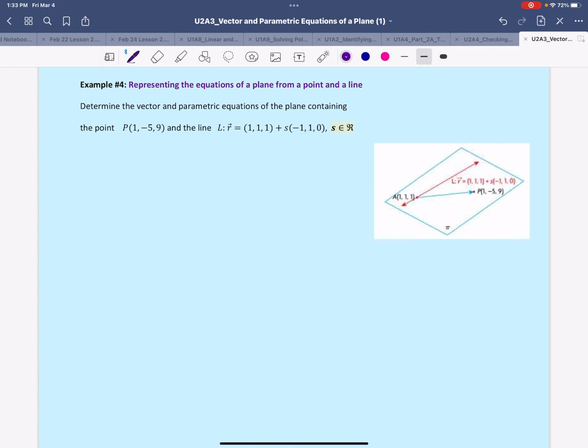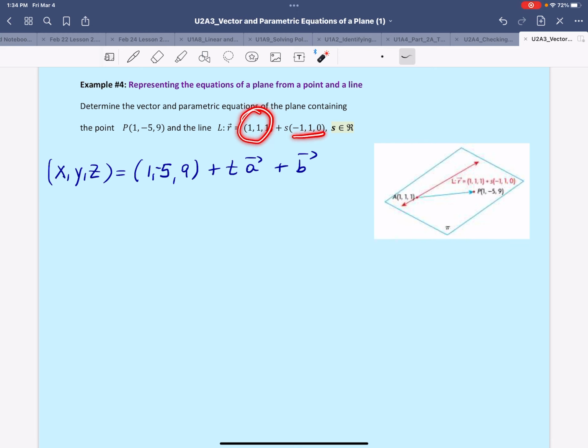Now we're going to say that the vector equation again will be (x, y, z), any point on a plane, would equal (1, -5, 1), so the coordinates of point P, and then plus the direction vectors A and B. So what we have in here is some line L. And what we know about this line is a point and a direction vector.